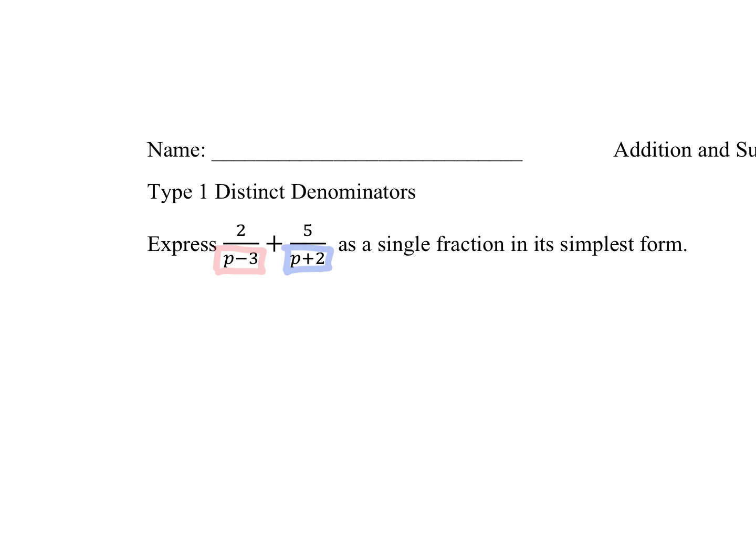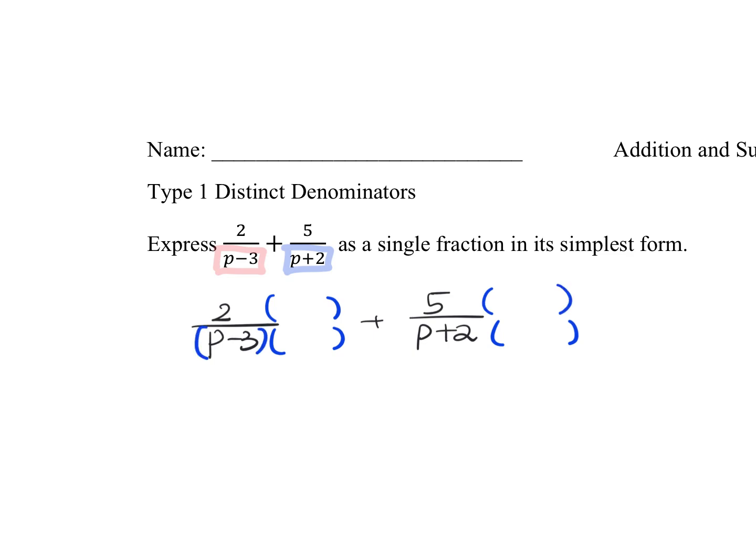What we need to do is to make sure we get them into the same denominator. So this one will be p minus 3, and I will write it down first. So this is p plus 2. So what do we have? We have distinct denominators, and hence we need to multiply additional factors to it so that they can be the same denominator.